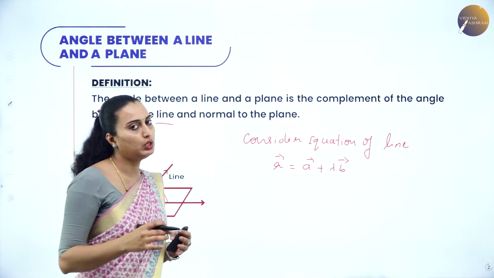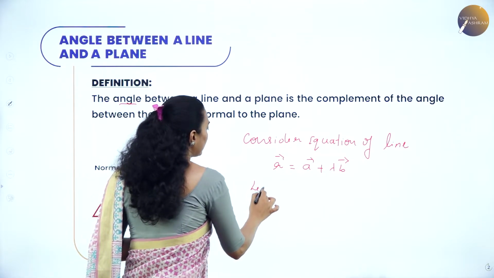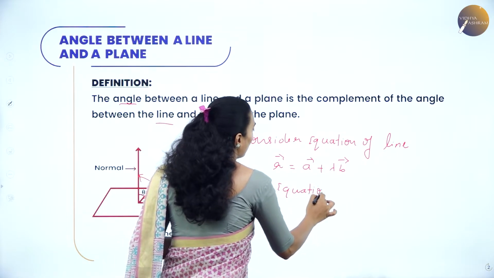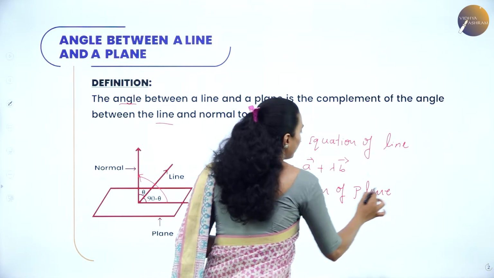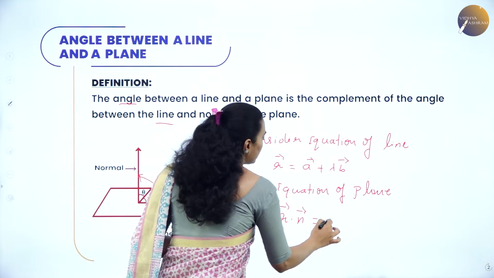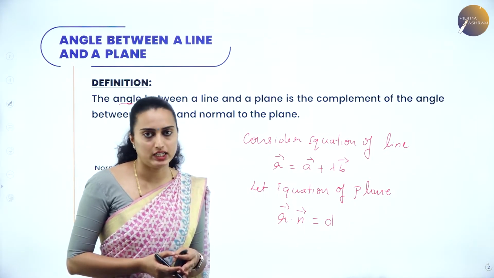This is the equation of a line I have taken. And consider the equation of a plane, let it be r vector dot n vector is equal to d. So this is the equation of a plane.